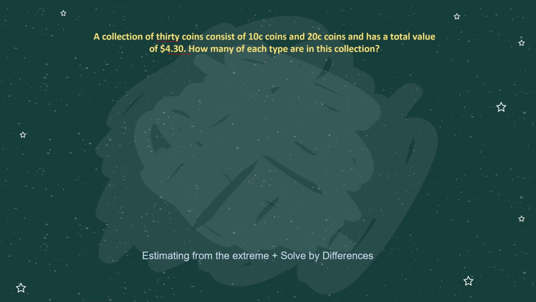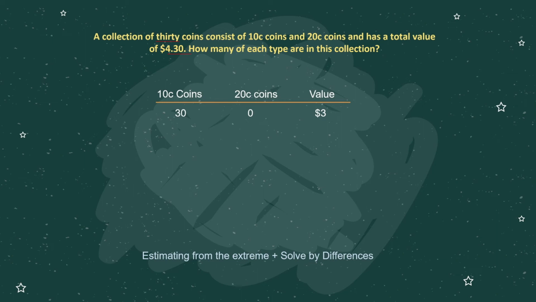So with these three elements, we can apply the same guesstimate technique as before. We draw a similar table: 10-cent coins, 20-cent coins, and the total value. We then first guess that all of our coins are 10-cent coins, which means there are 30 10-cent coins, 0 20-cent coins, and that gives us $3 in value.